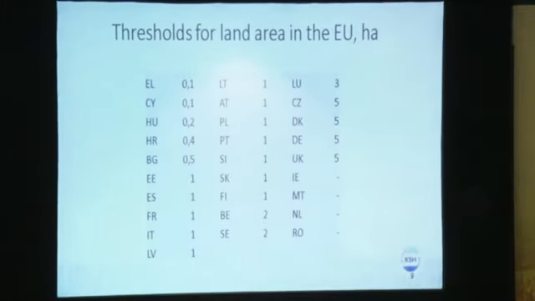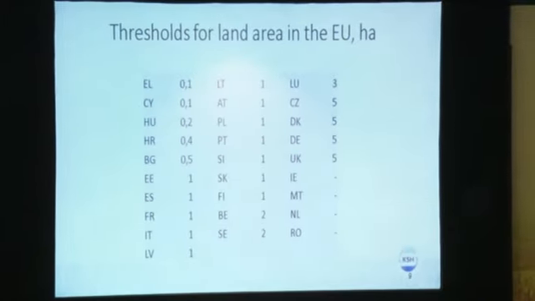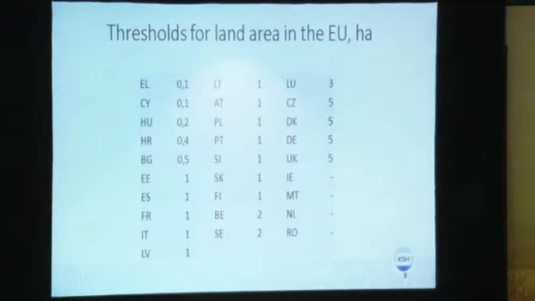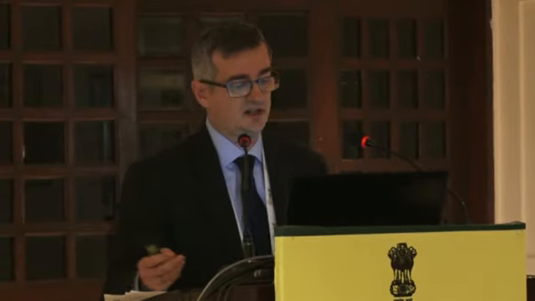You can see the thresholds for land area in the EU, and you can see that Hungary has one of the lowest thresholds for the land area. This is 1,500 square meters in Hungary, and there are countries with even 2, 3, and 5 hectare thresholds.